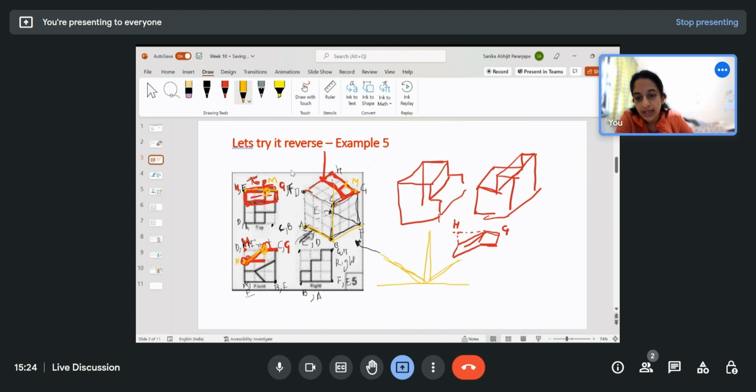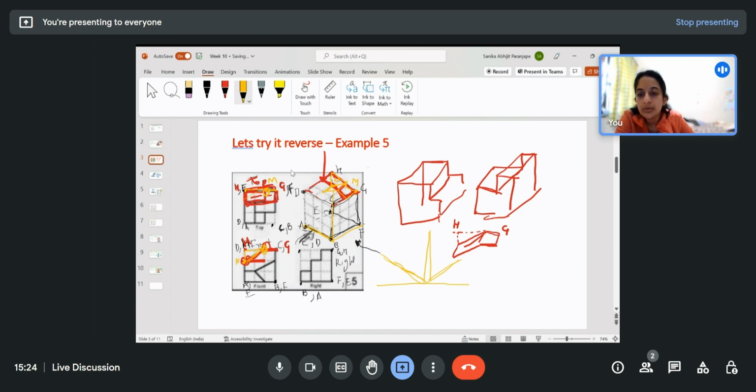So now to get N, I need to trace this as two blocks here, two blocks down. So similarly, I'll go two blocks to the left and two blocks down. So here is my point N, which I can now join. Similarly, I'll have the square here and the slant over here. Okay, so this part is done.